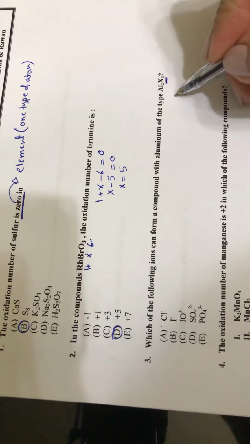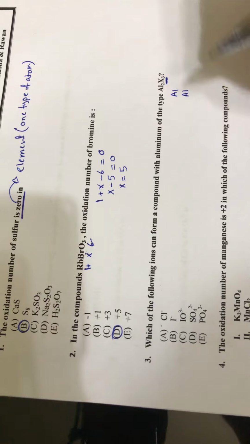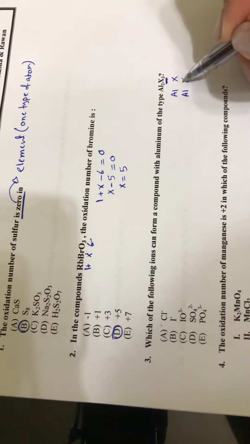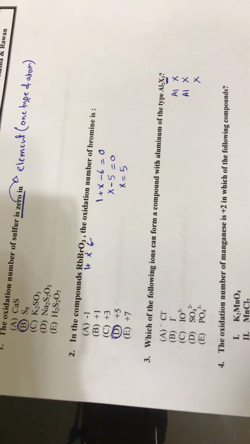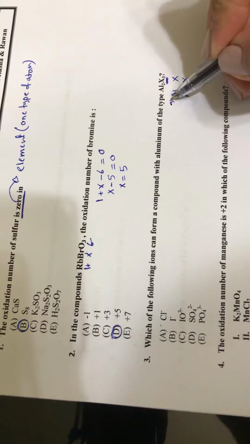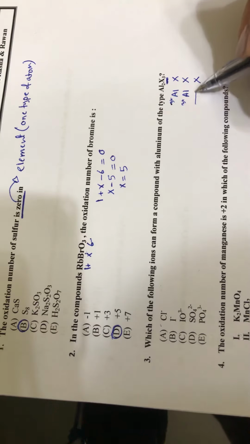In this compound you have 2 aluminum atoms and 3 X atoms. Aluminum is in group 3 in the periodic table, so it carries positive 3. So here the total positive charge equals positive 6.